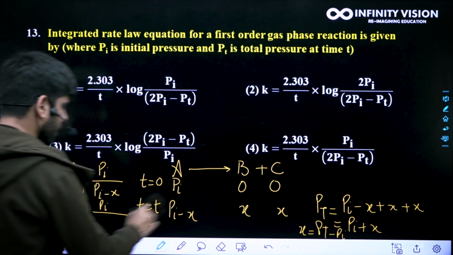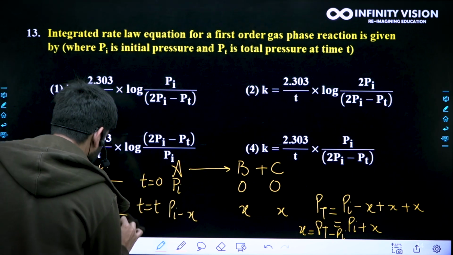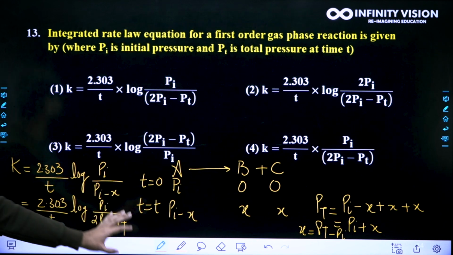Putting that value here, it will be twice Pi minus PT. This is the final expression.